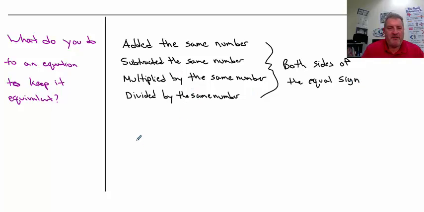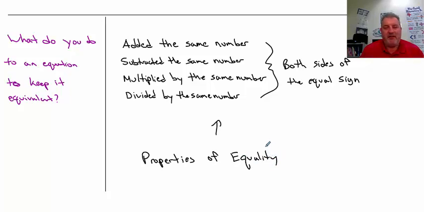So these are called properties of equality. And the properties of equality say that what you do to one side of the equal sign, you have to do the same thing to the other side. So we're going to write that down also.